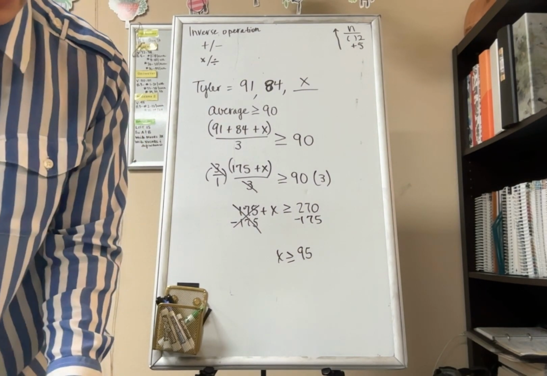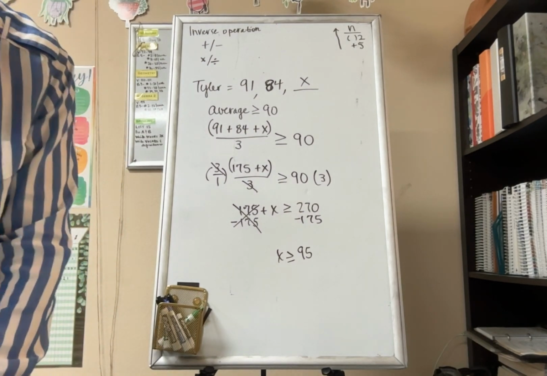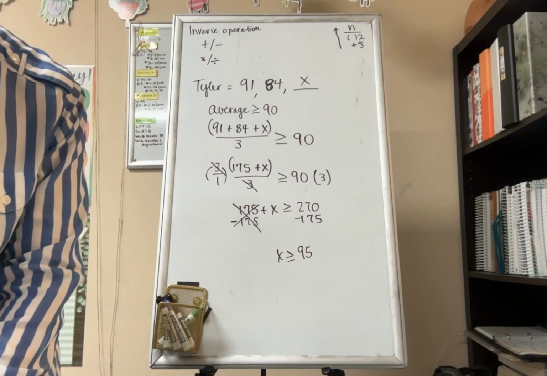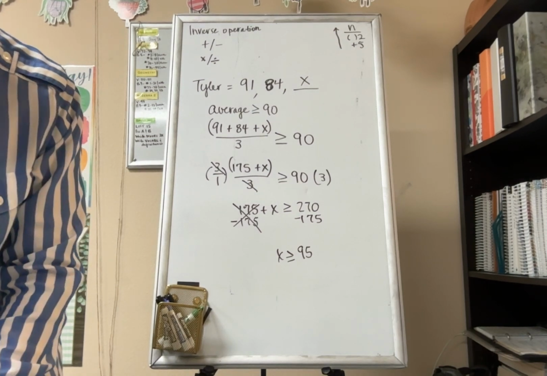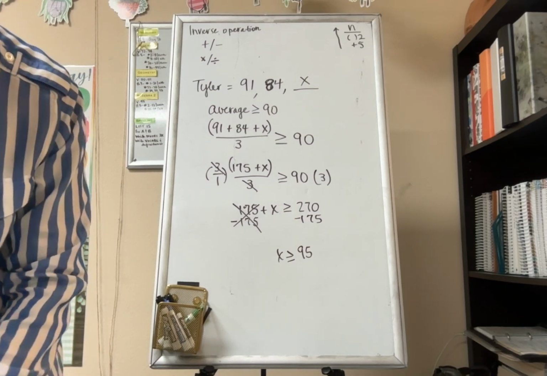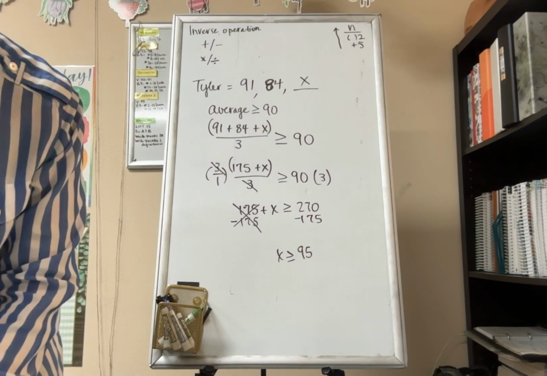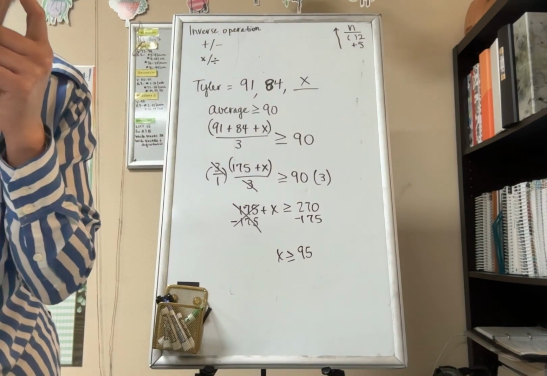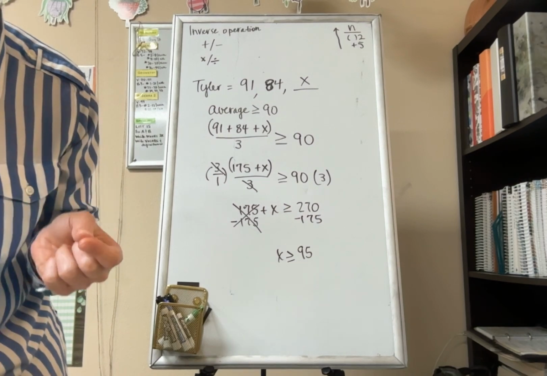Now let's talk about the instructions. So for problems 1 through 6, it says state whether the inequality symbol is or is not to be reversed within the solution. Do not solve. So we're not actually working these and coming up with an answer. We're just looking at that equation and thinking, for my final step, am I going to be multiplying or dividing by a negative integer?